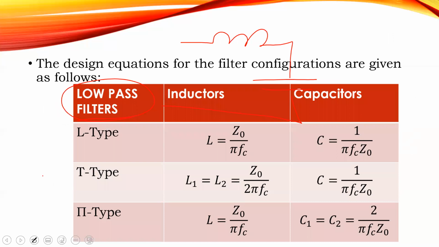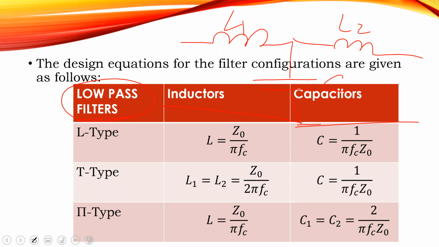So having determined the L configuration, if I'm converting the L to T, I'm going to have that. And this would be L1, that would be L2, and this would be C.